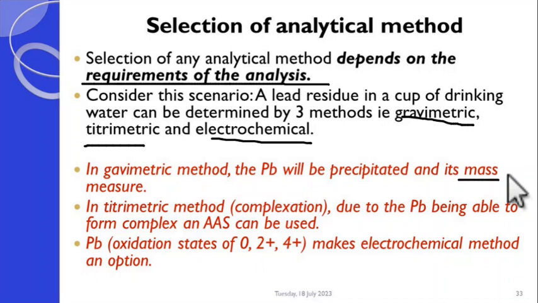For the titrimetric method, we'll be looking at how the lead is able to form a complex compound. And with that, we would use the AAS. Now, if the lead exists in various oxidation states, then it means that we will have to make use of the electrochemical method.